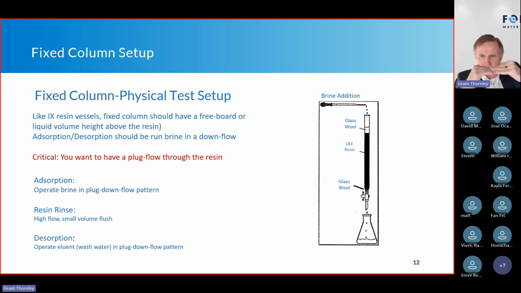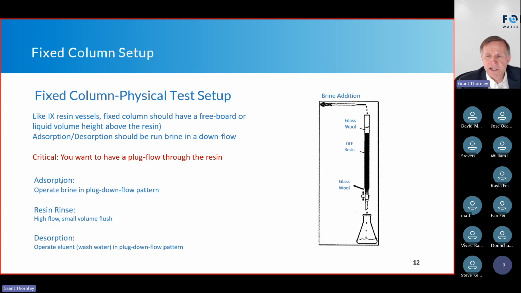I want plug flow working all the way through. That's going to give me my best performance and efficiency. That's why you put the glass wool: anything dripping in will nullify the turbulence and allow that laminar flow. So it's a minor thing, but make sure there's some glass wool in there to ensure that.